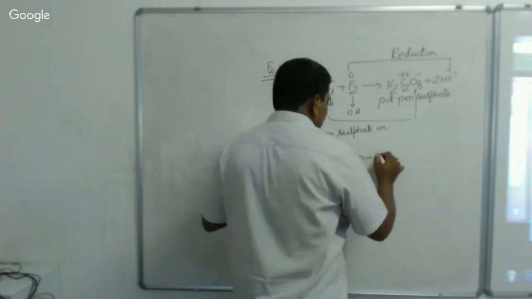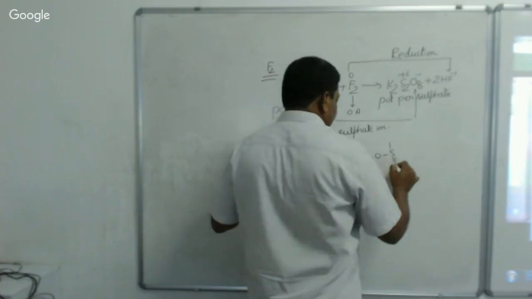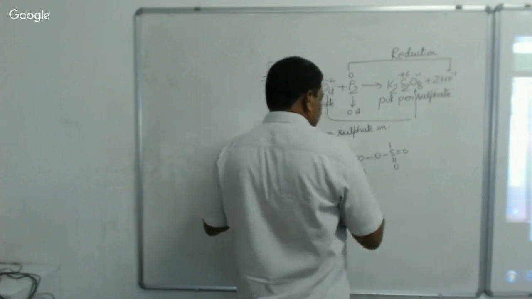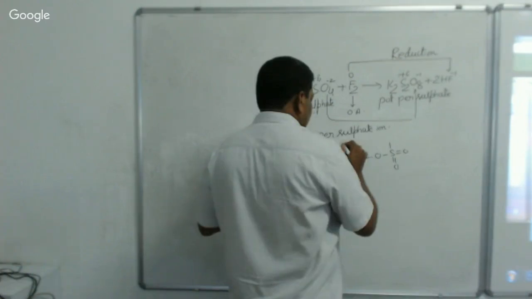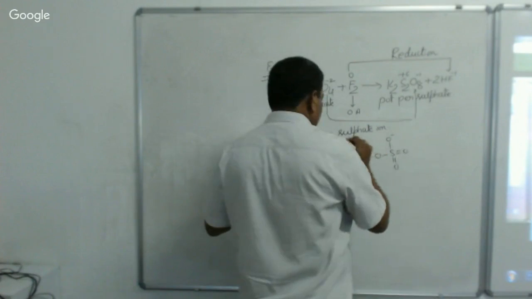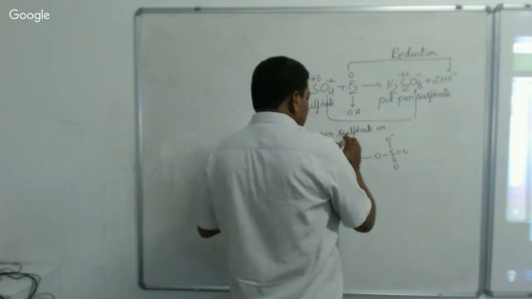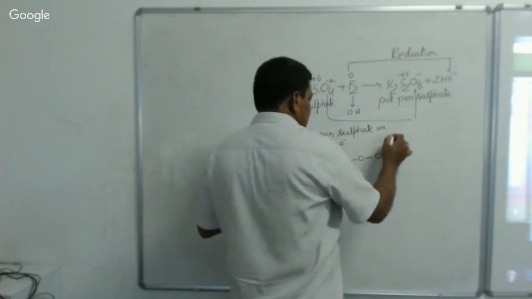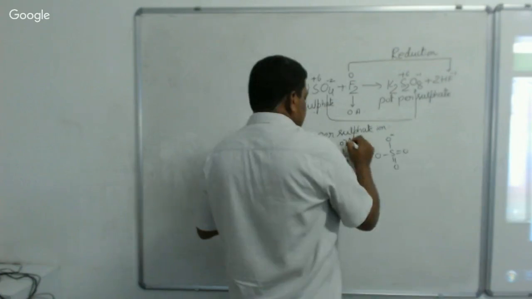It is S2O8 2-. 1, 2, 3, 4, 5, 6, 7, 8. So S2O8 2-, with 2 potassium ions attached.